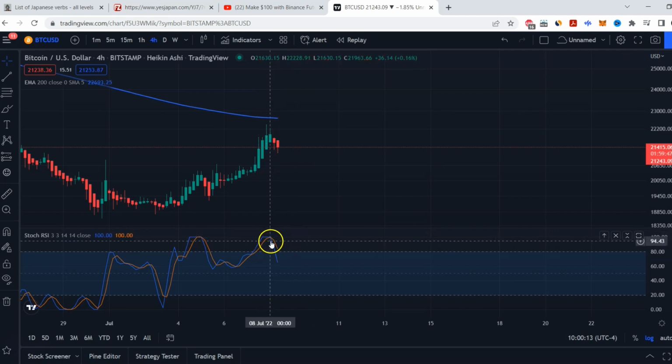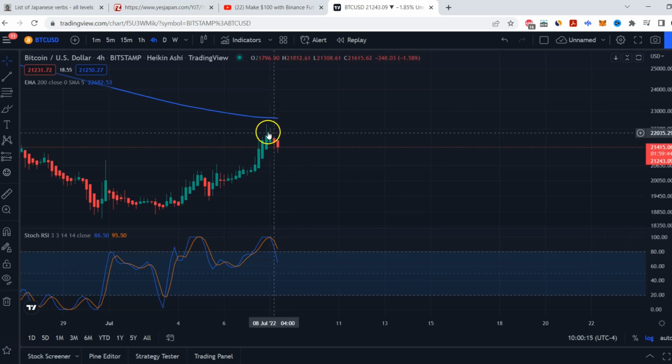And three, another confirmation is that I see a red candle. When the red candle closes here, you can see this is a red candle after the green candle, so I'm looking to sell down, to open a short position.